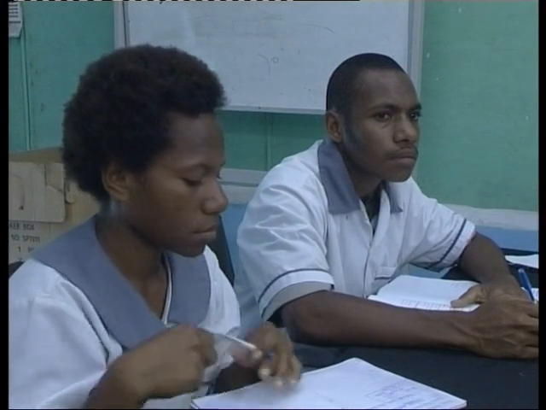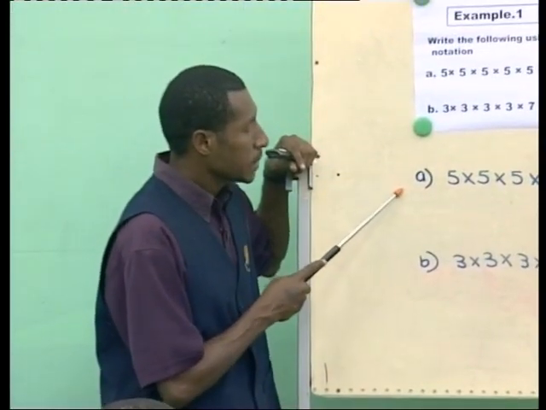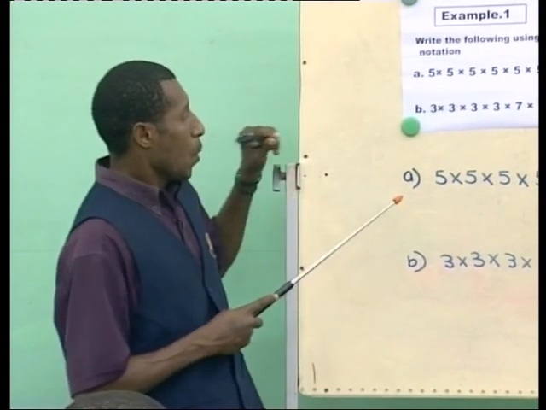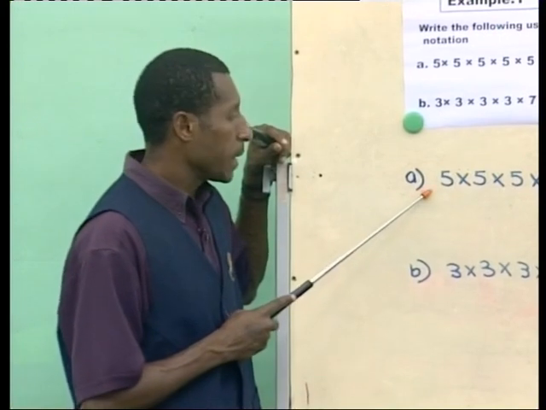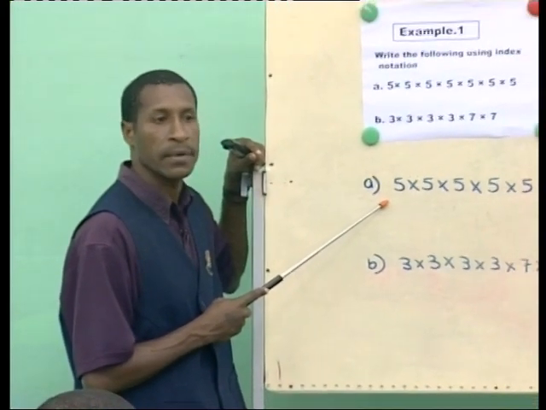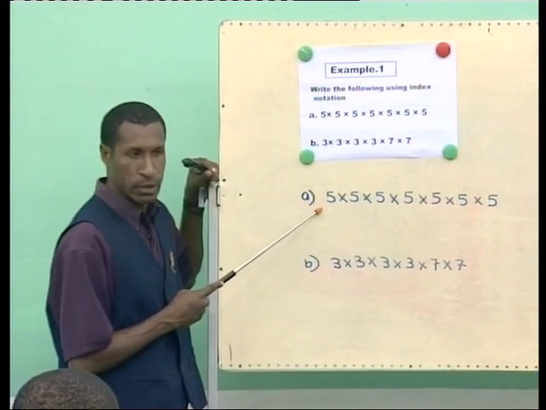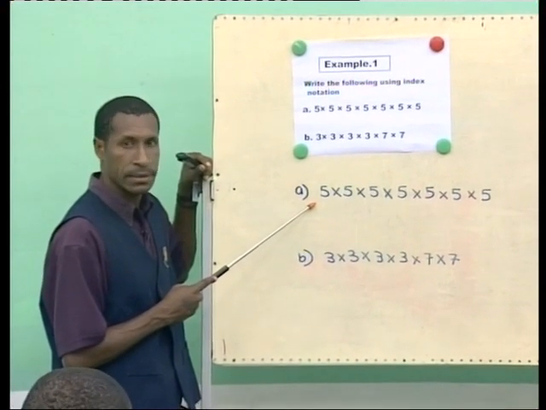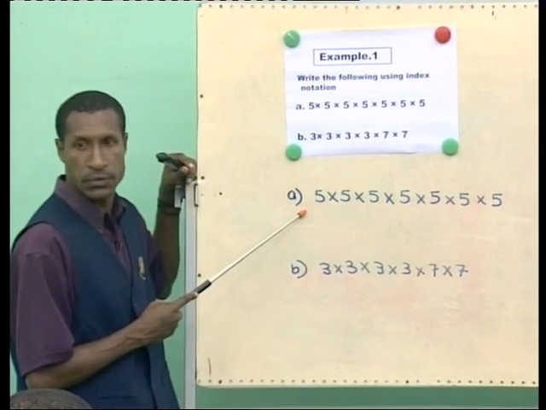Now let us look at the example which I have on the screen. Example A. What number are we repeatedly multiplying? 5. 5 has been repeatedly multiplied. Now, how can we express this in index notation?